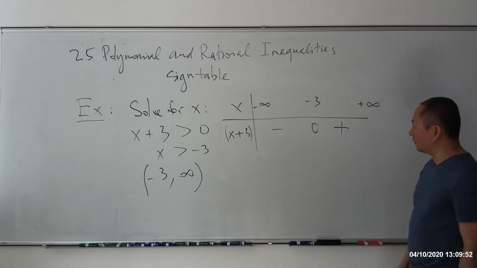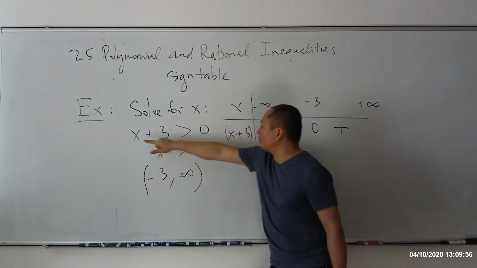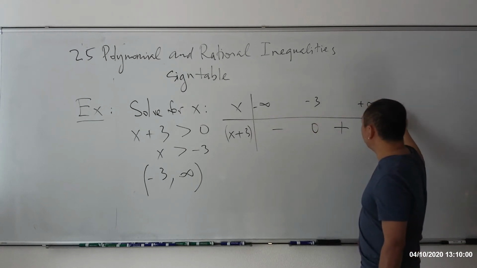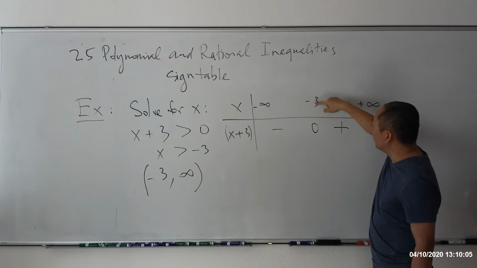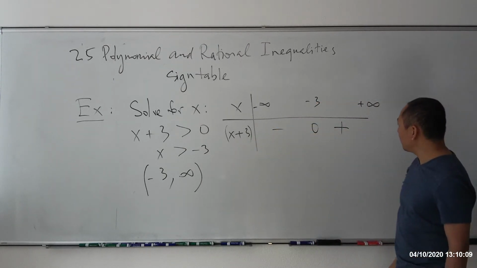What does it tell you? It tells you that the domain of the linear function right here is all real numbers, and -3 is a critical value. Actually, this is a 0 for that polynomial, okay?